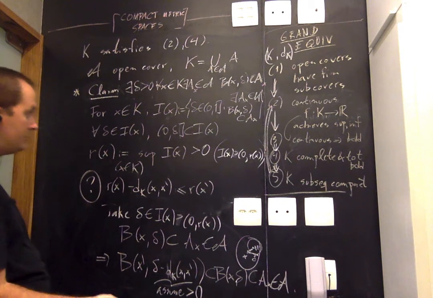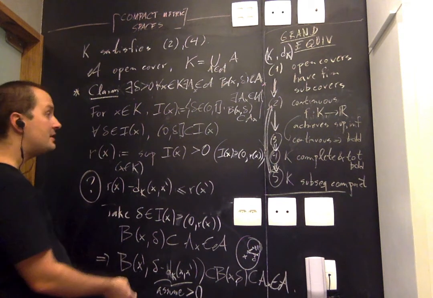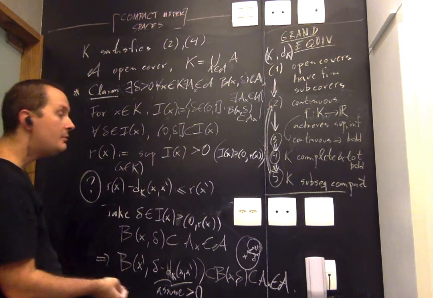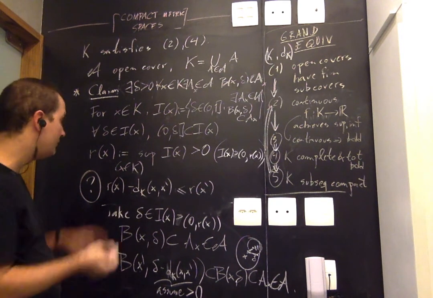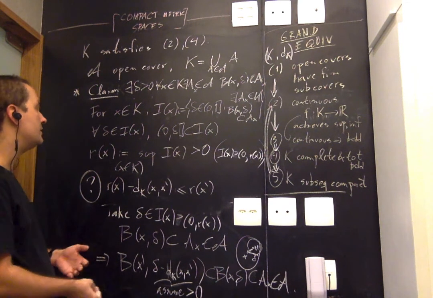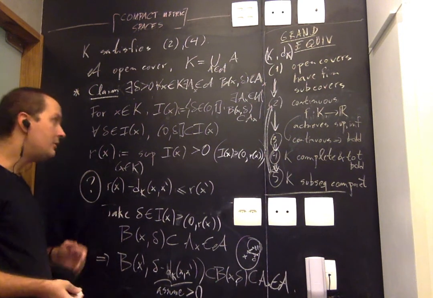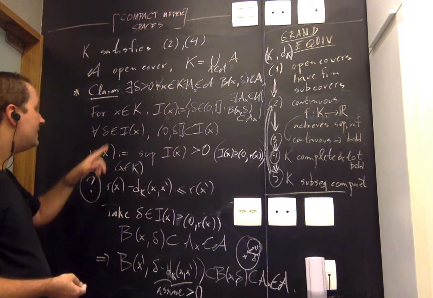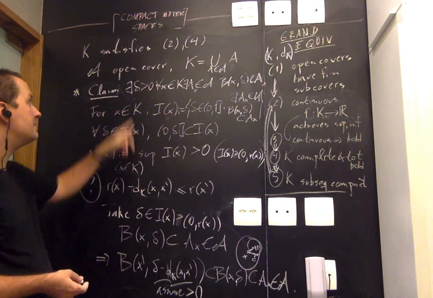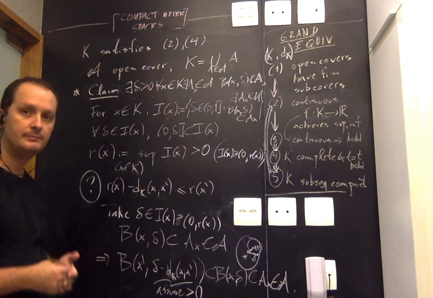It's actually one Lipschitz. Since it's positive and continuous, it achieves its infimum. And its infimum must be then strictly positive, right? The function is positive, so the infimum has to be positive because the infimum is the value of the function somewhere. And now that we know the infimum is positive, I can take any delta that's strictly less than this infimum of R of X, and this delta works to prove the claim.